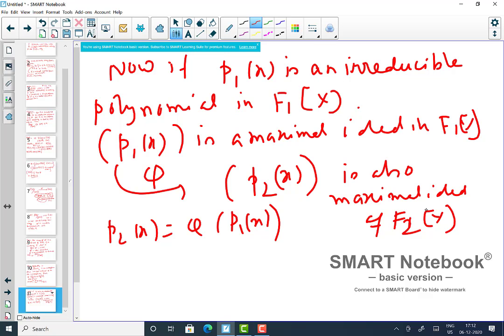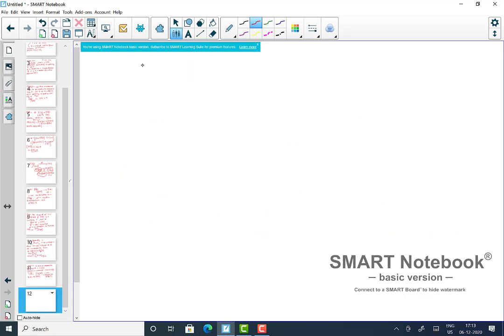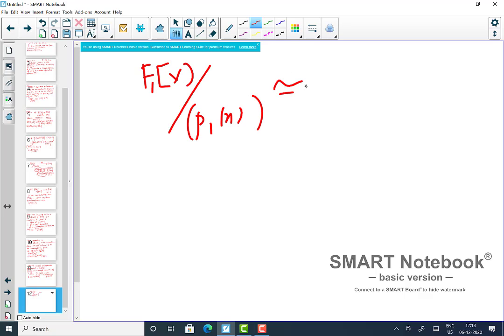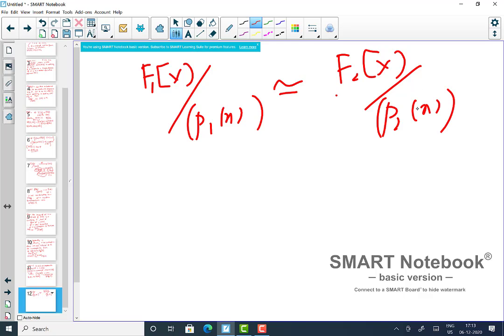So whatever property you are proving for p1, it is also true for p2. With the help of this, you can easily say that F1[x] mod <p1(x)> is isomorphic to F2[x] mod <p2(x)>.